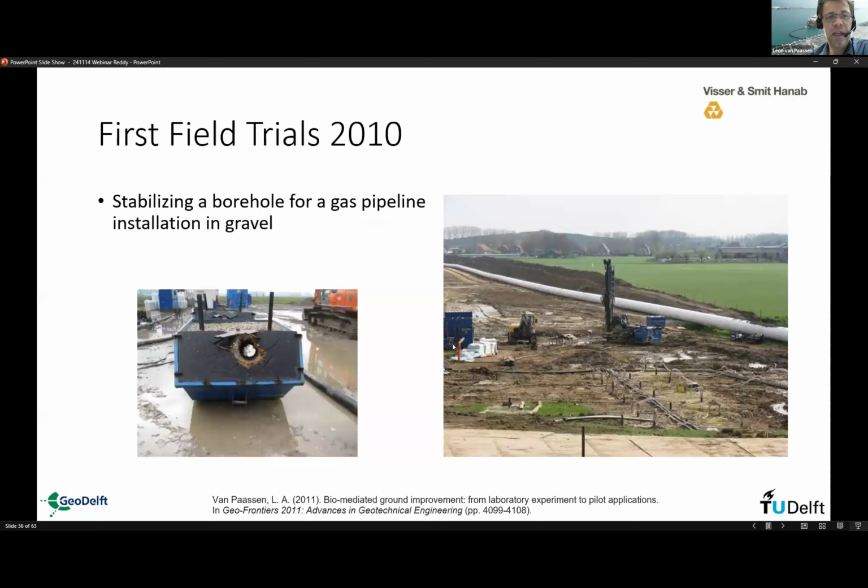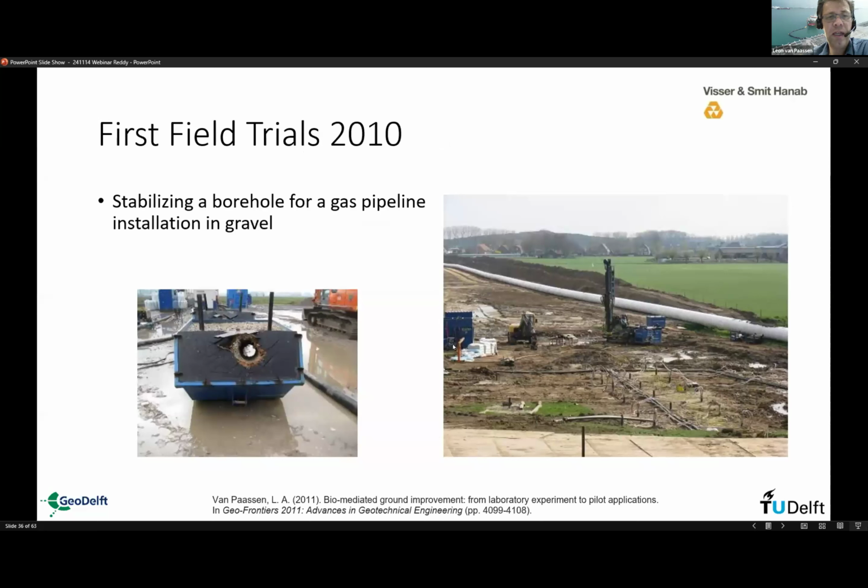And at that time, because we were working with a contractor, they said, okay, we might have a potential application, which is stabilizing gravel when we start drilling for horizontal directional drilling pipeline through a gravel layer, because they said, well, it may potentially collapse when we start pulling this pipeline through the gravel. So in order to prevent that borehole collapse, they said, well, what if we stabilize the gravel layer?